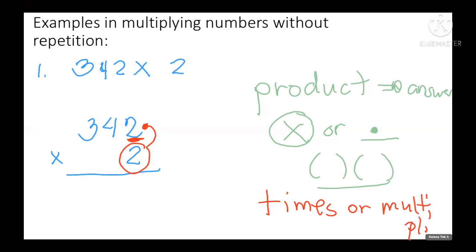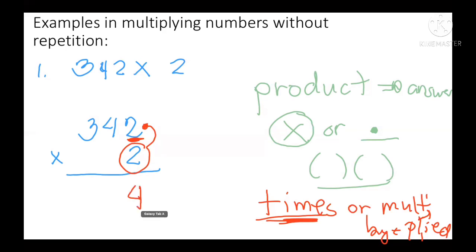I'm using the word times. So here we have 2 times 2. What is 2 times 2? That's right, it's 4. Good.